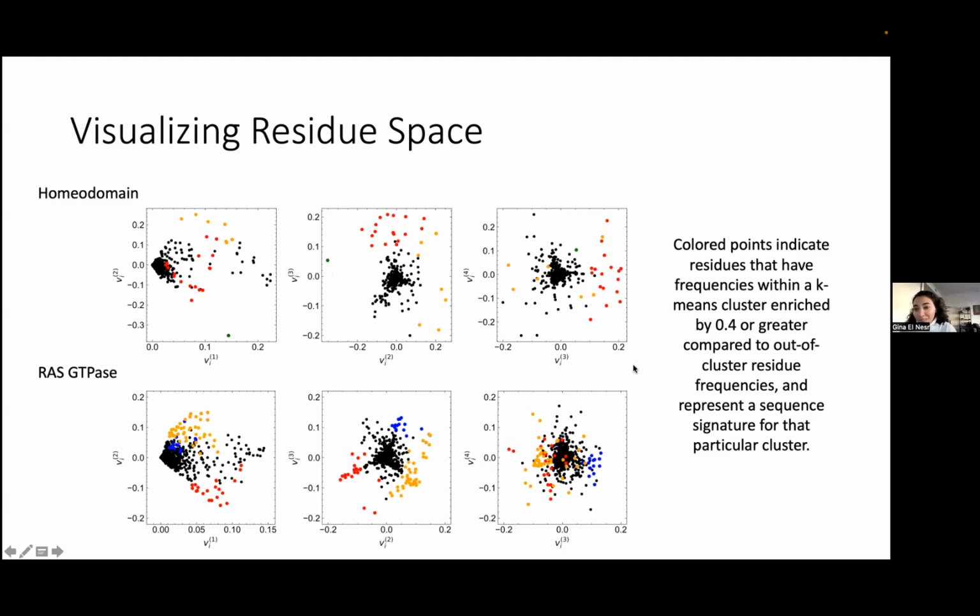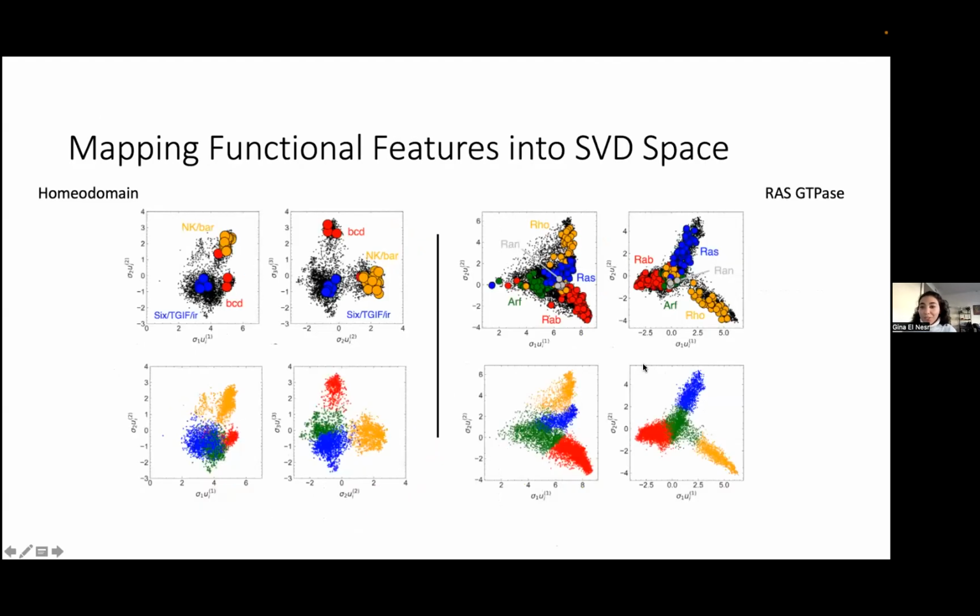What does that actually mean in terms of the protein? We can map those functional features and all of those clusters back to actual proteins and all of those subfamilies that exist for homeodomain and RAS GTPase. These are two really good natural test targets because they're so well studied. For the homeodomain sequences, about 84 homeodomains have been thoroughly characterized, and they've been divided, I think, over the literature into roughly 11 specificity groups.